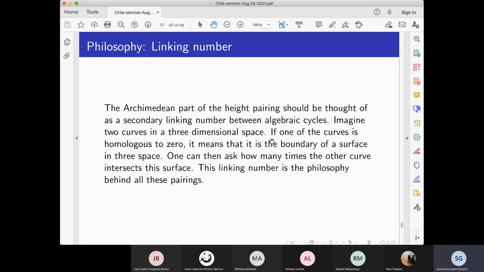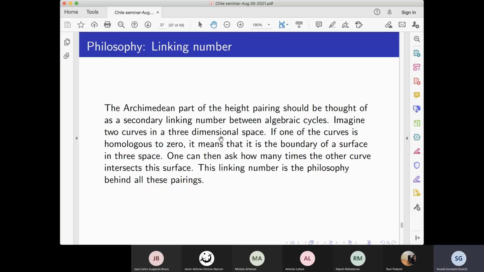So the point is that all these intersection products that we have defined are secondary level intersection products. The primary level intersection is just intersecting two elements in the Chow group. Here, one of the elements is homologous to 0, so you have to spread that out, in the sense that this is the boundary of a membrane.